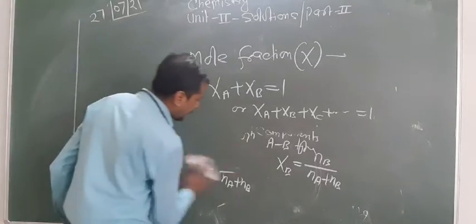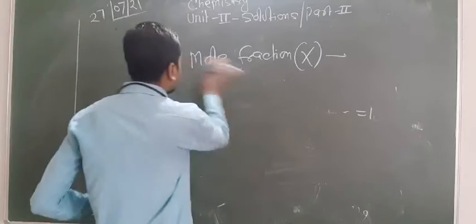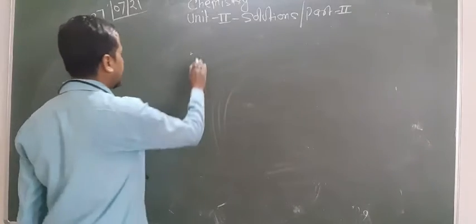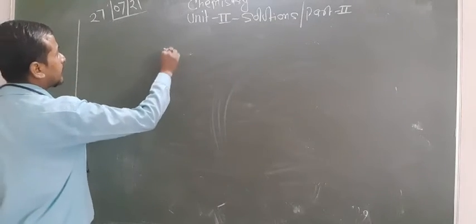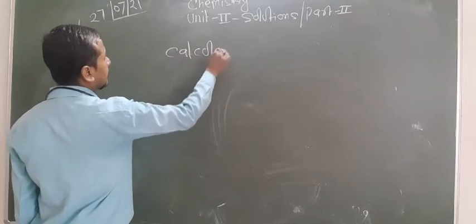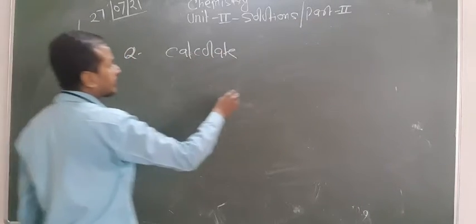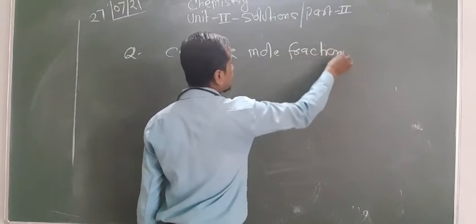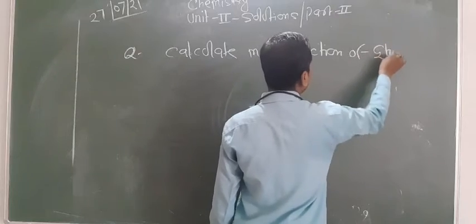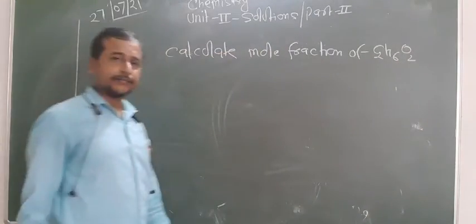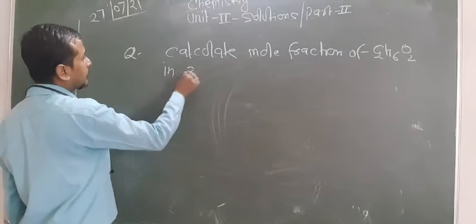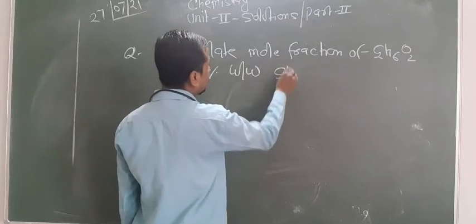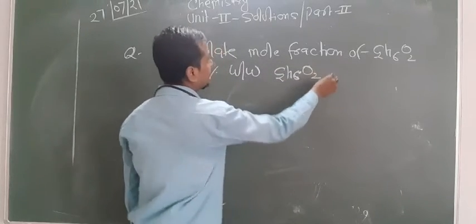Now look at one example, in which we use percentage concentration and also mole fraction. The question: calculate the mole fraction of C2H6O2, that is ethylene glycol, in 20% weight by weight C2H6O2.